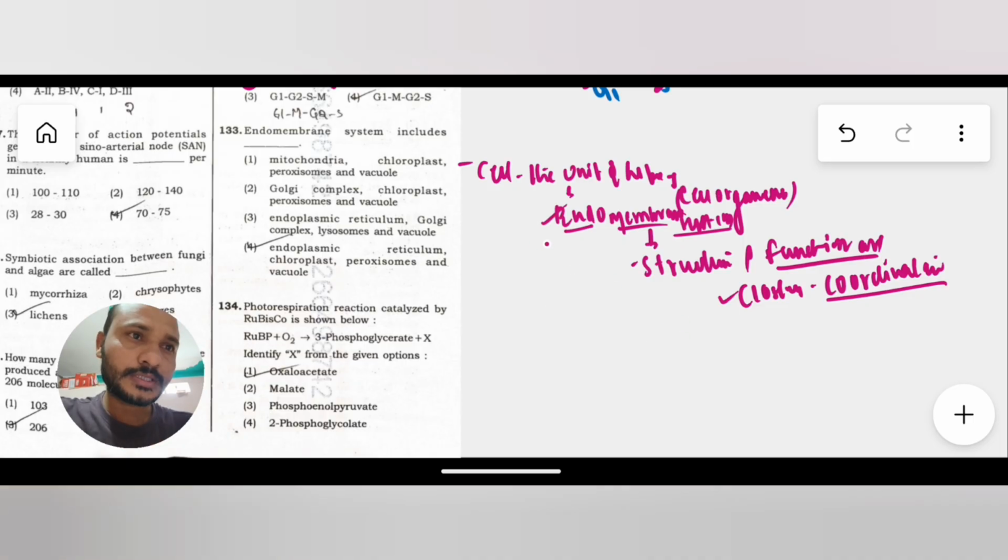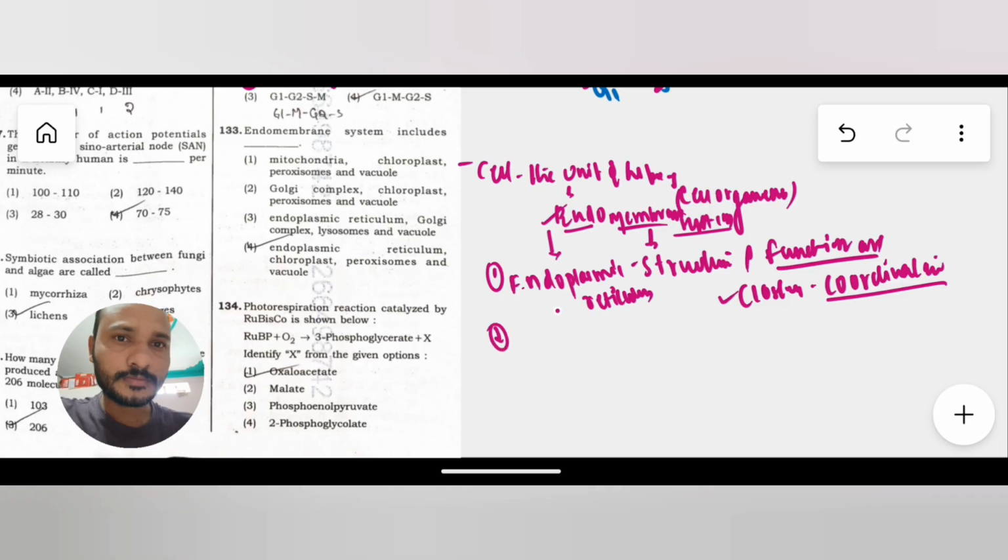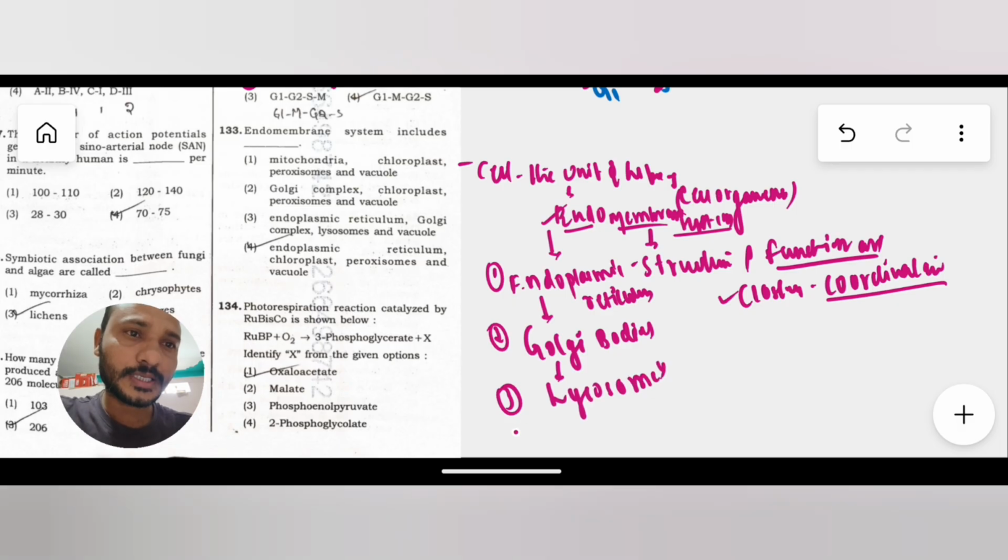The endomembrane system includes, first, a very important organelle, the endoplasmic reticulum. After the endoplasmic reticulum performs its function, it coordinates with another organelle, the Golgi bodies or Golgi apparatus. From the Golgi bodies, functions carry forward to the next organelle, the lysosomes, and from the lysosomes to another organelle, the vacuoles.